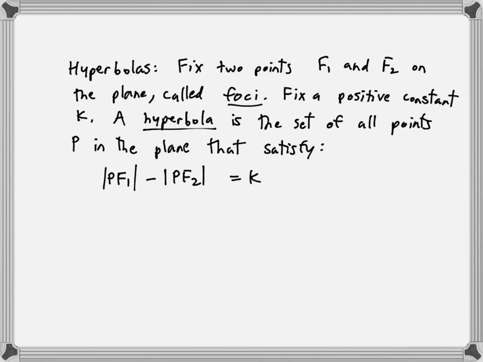In other words, we should be able to get a plus or a minus k, and that's okay. So the way we fix that is by putting an absolute value there, and now the plus or the minus k is fine when you subtract these things. Okay, so this is the definition of a hyperbola.